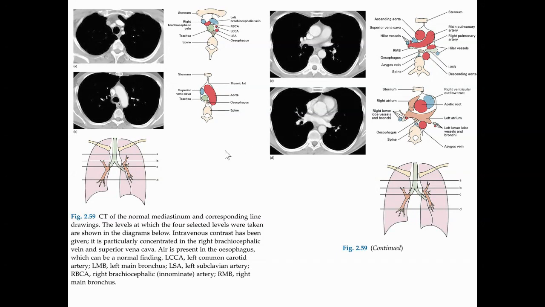Heaven forbid you become a radiologist, you will have to learn the cross-sectional anatomy. I will leave you with this because a lot of people require some amount of time to fuse the drawings onto these radiological or CT images, but trust me, they are the same.